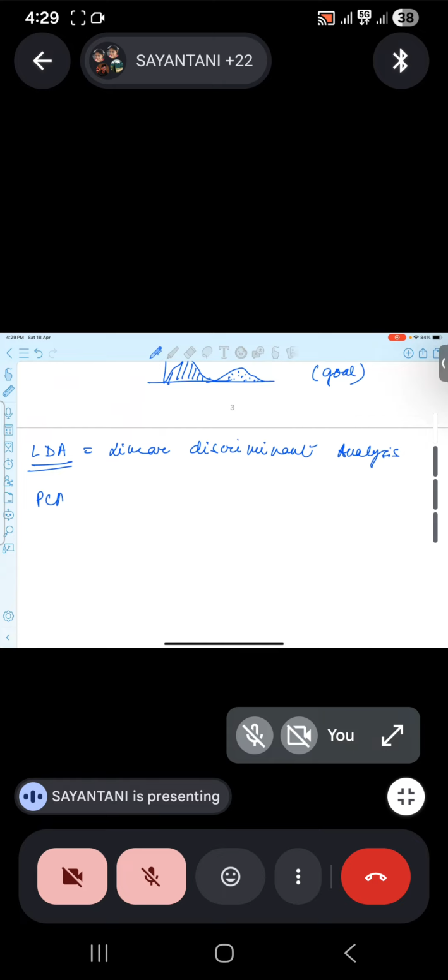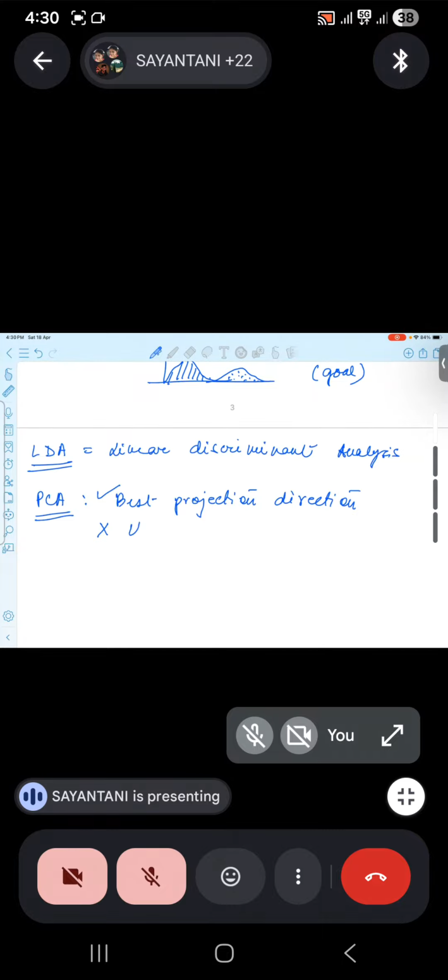So in PCA, as we studied a few minutes back, we are considering the best projection direction of your data points, right?